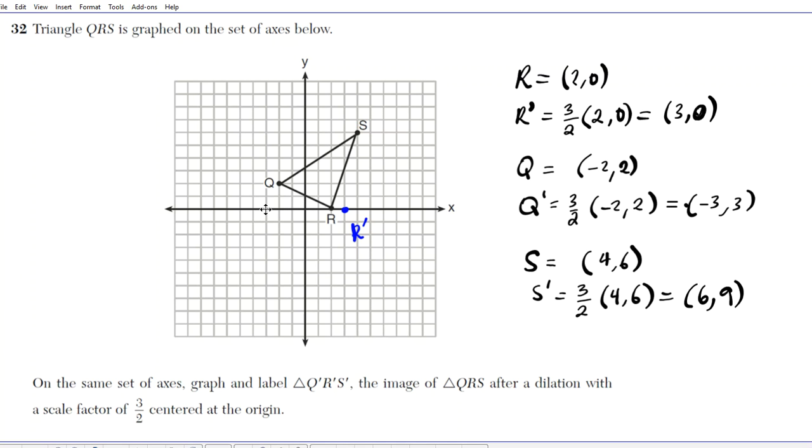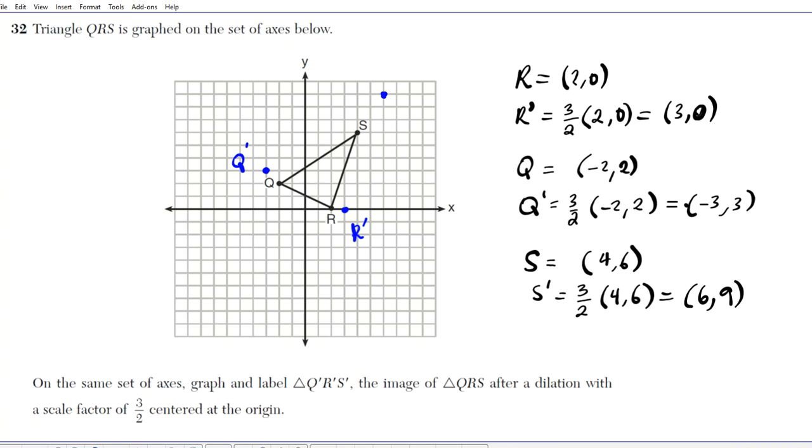1, 2, 3, 1, 2, 3. That's Q prime. And then S prime is 6, 9. 1, 2, 3, 4, 5, 6. And then 1, 2, 3, 4, 5, 6, 7, 8, 9.